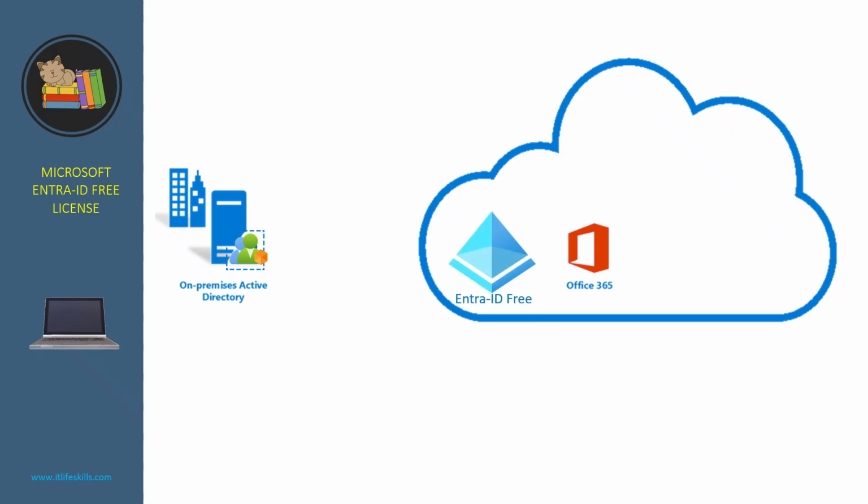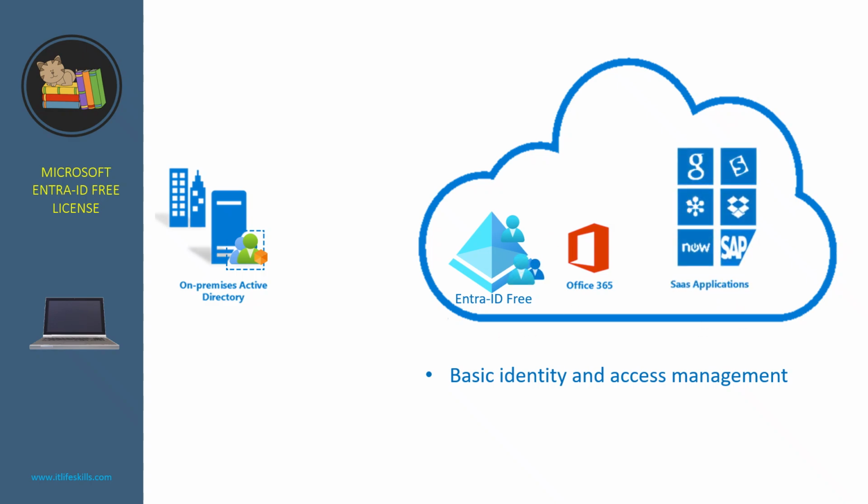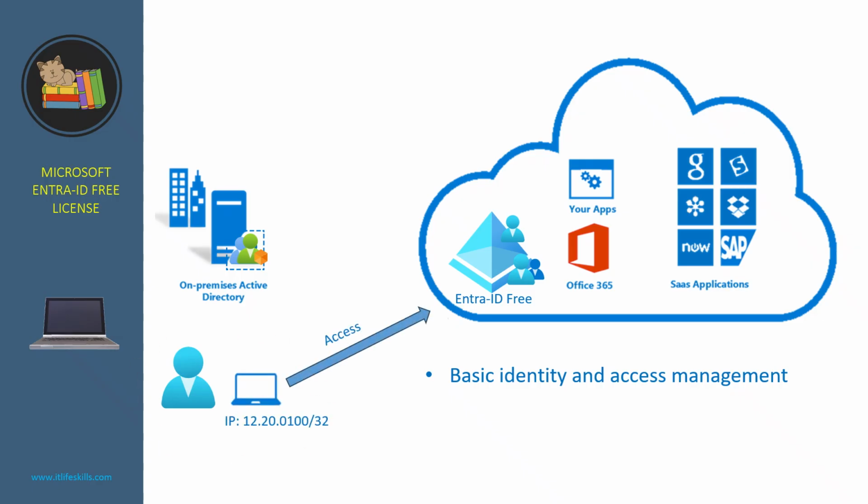With the Entra ID free license, you have basic identity and access management, which means you can create users or groups and add many other software as a service applications to the tenant, or even create your own apps in Azure. Then grant the users and groups access to Azure apps. The users that you created can access Azure apps based on their permissions.